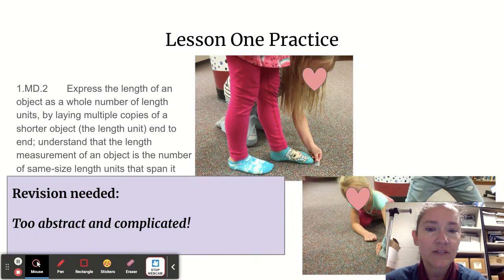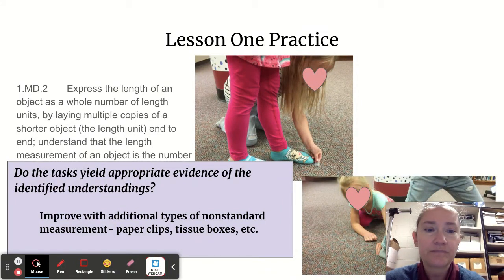But for the actual non-standard measurement tool, I'm just going to make little baby steps of different sizes and let the kids use those instead of creating their own. I felt like for first grade, this was just very abstract. And looking back on it, I think it was cognitive overload because when they got to the end of the lesson, even though they understood it, you could tell they were tired. They'd had to think really hard.